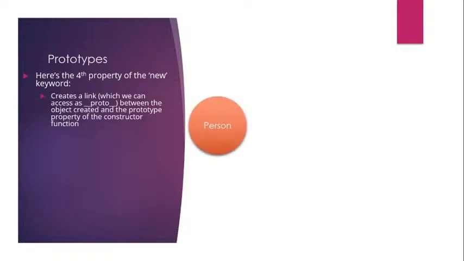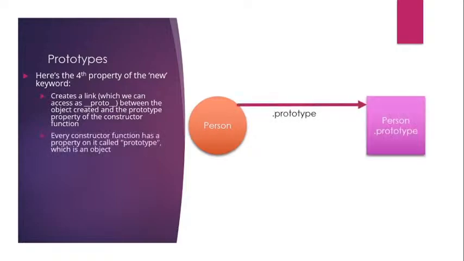So in this diagram, this circle is a constructor function, and the rectangles and squares which I'm going to use are objects, okay. Every constructor function has a property on it called prototype, which is an object. So person.prototype is an object, and the prototype property is a property of the constructor function.